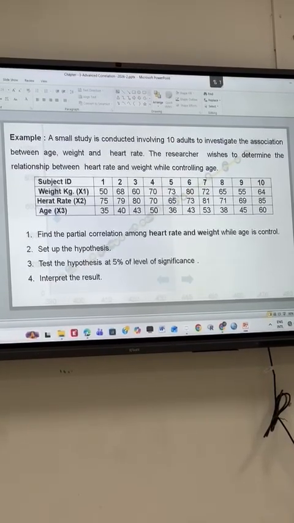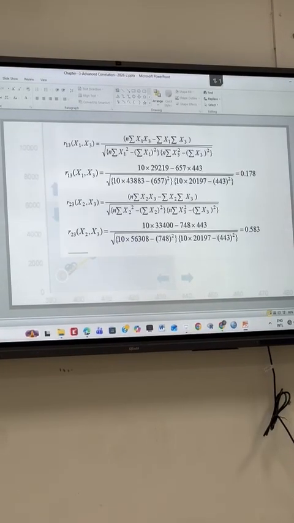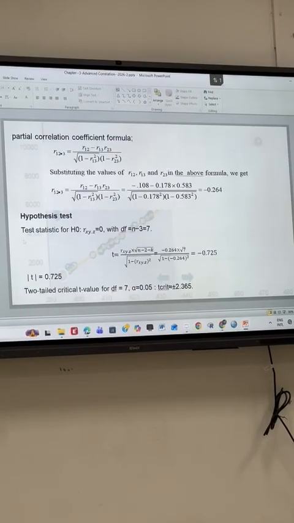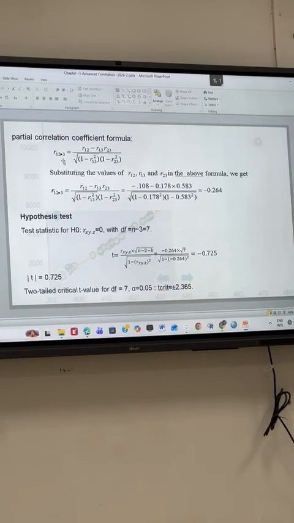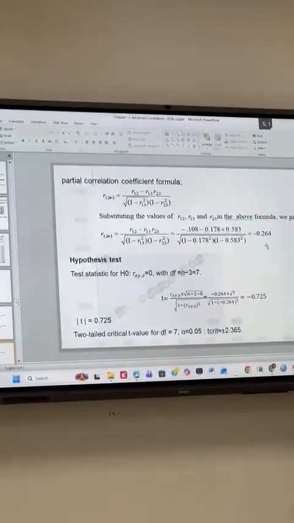So now here age is the third variable. Write here the partial correlation coefficient formula, R12.3. This is the formula used. Substitute the values in this formula and you find your result.